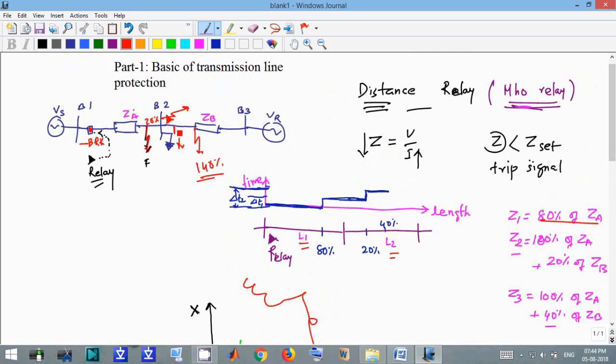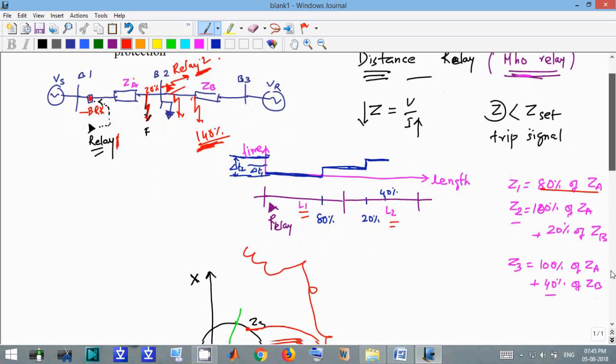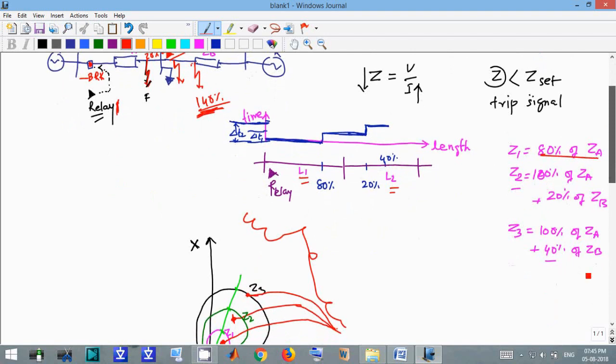If there is a fault after this relay, say this is relay 1 and this is relay 2, then relay 2 will obviously operate for a fault at 140% of the transmission line. But in case of relay 2 failure, there is backup protection given by relay 1. So zone 3 protection is called the backup protection of the transmission line.